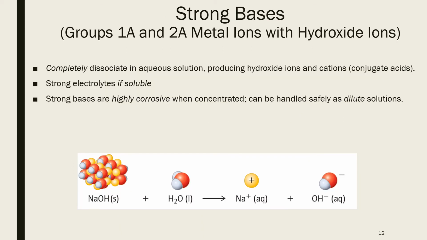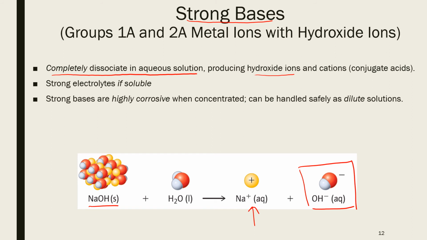Just like strong acids, strong bases are also those substances which completely dissociate in aqueous solutions and produce hydroxide ions. For example, sodium hydroxide is a strong base, and in water it dissociates completely, 100% dissociation, and the resulting products are a hydroxide ion and a metal cation.